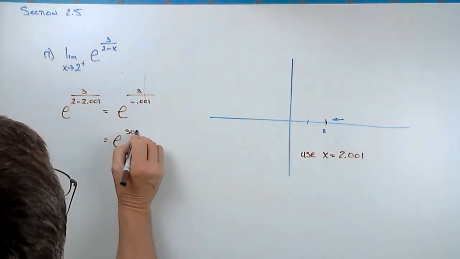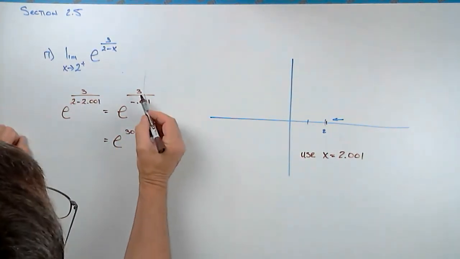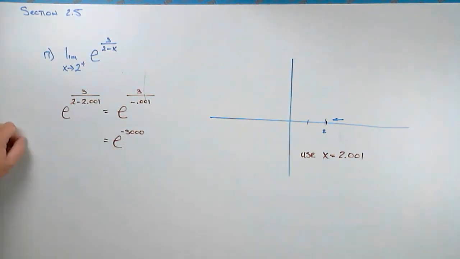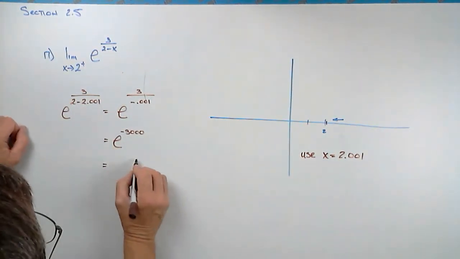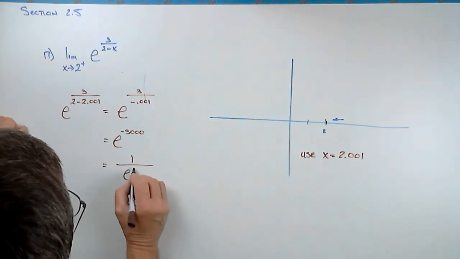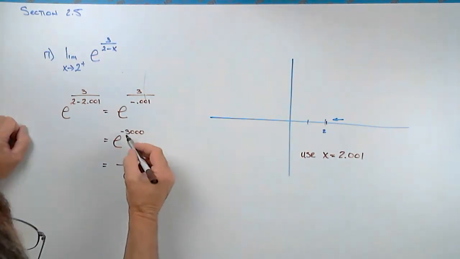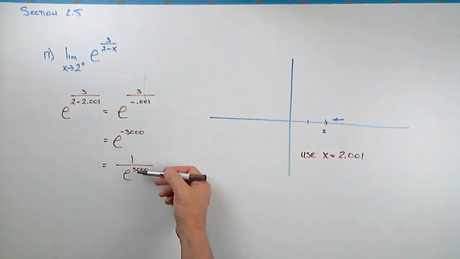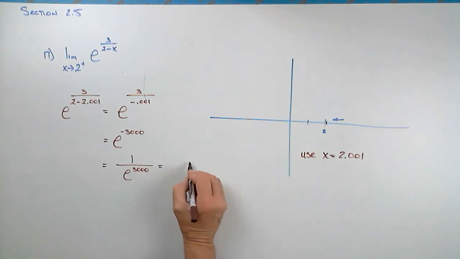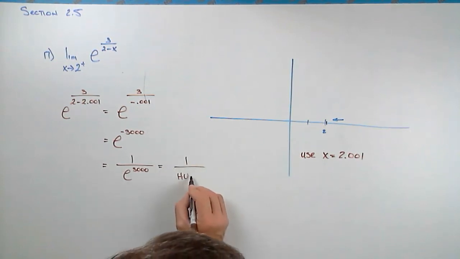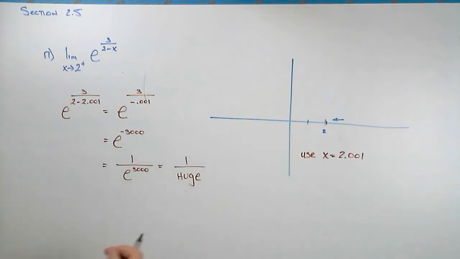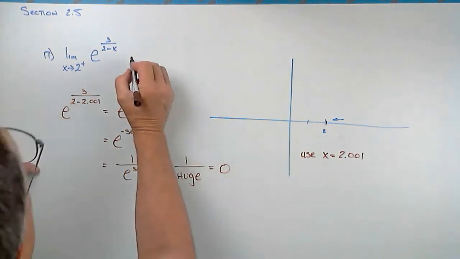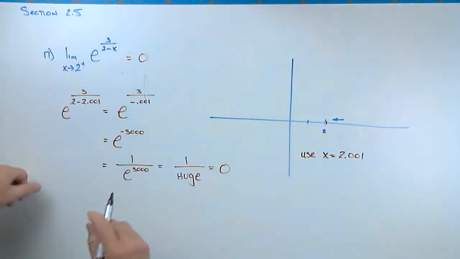There's going to be a 3,000 here, but we have a negative sign. So what does this look like? This is 1 over e to the 3,000, because a negative exponent means we write the reciprocal. Well, 1 over e to the 3,000 is 1 over a huge number. I don't know what e to the 3,000 is, but I know it's massive. And 1 divided by a massive number is 0. So this limit equals 0.